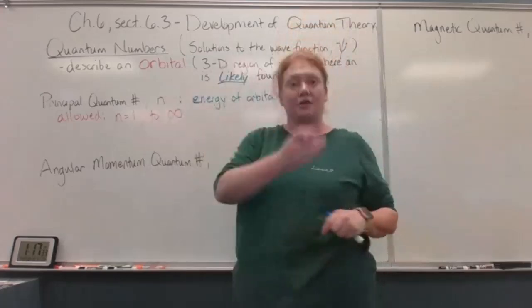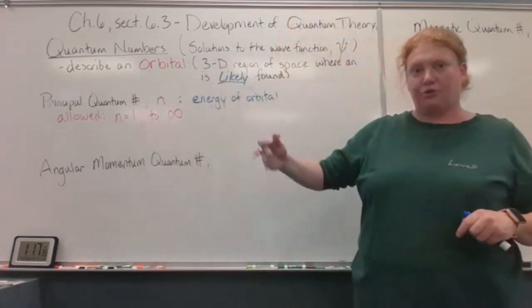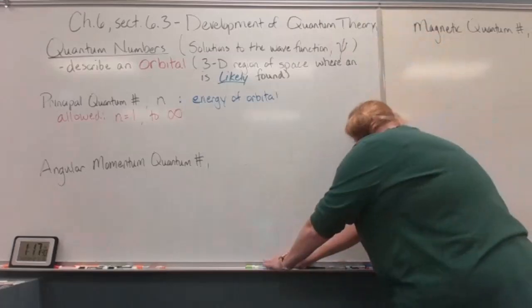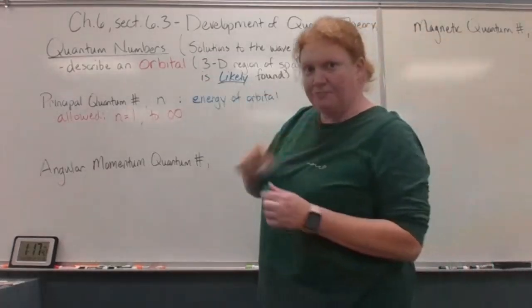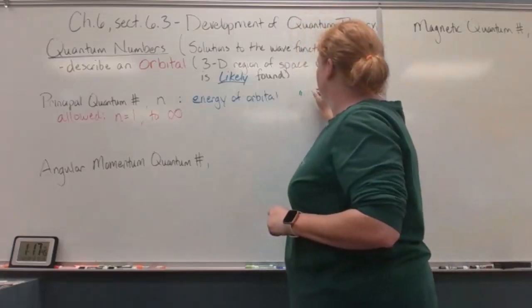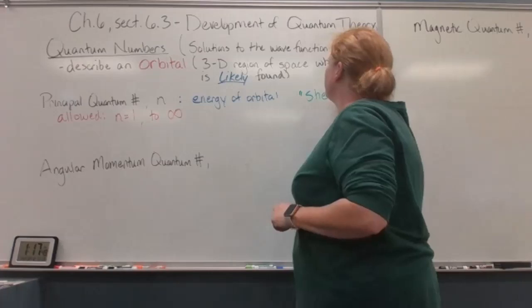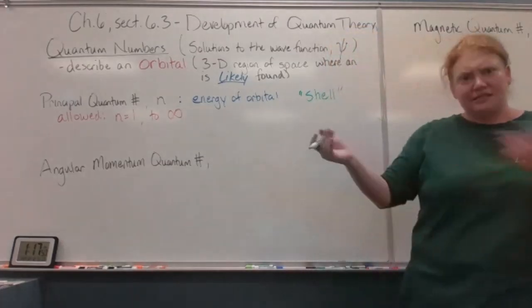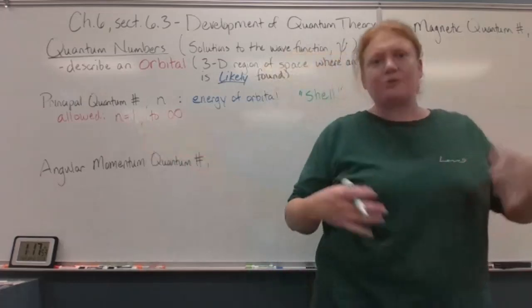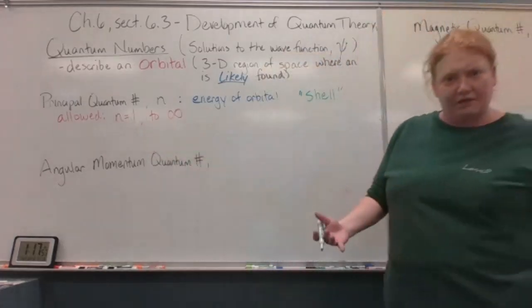The values start at 1 and then go up by integers, 1, 2, 3, 4, 5, and so on. Sometimes we refer to the principal quantum number as the shell. What shell is the electron in? Is it in shell 1, shell 2, shell 3? Sometimes we say the shell instead of the energy level.